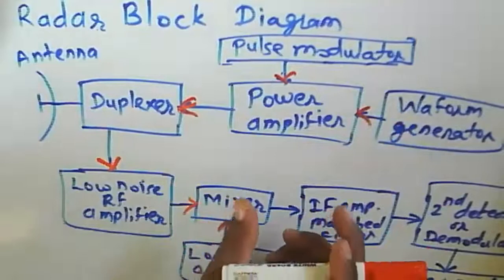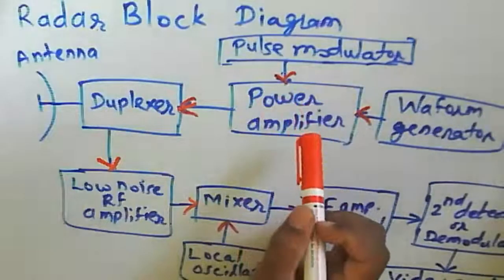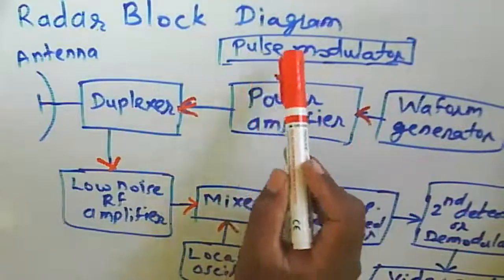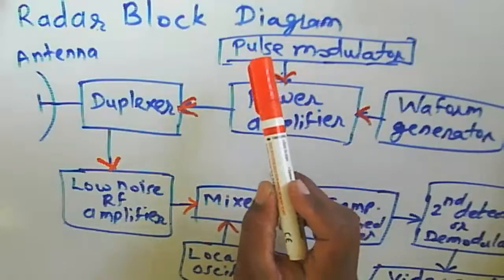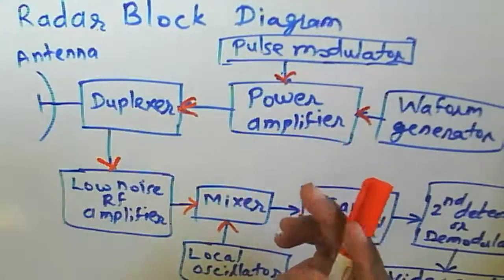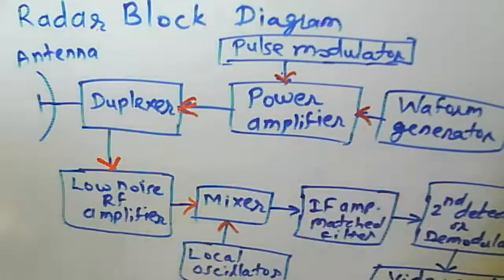Various devices are used for generating the microwave signal. So what device will generate a pulse signal? That is to be used, and that pulse signal is to be amplified, because for the radar we are sending the pulse, and the echo signal is to be received at a receiver and then detected there.